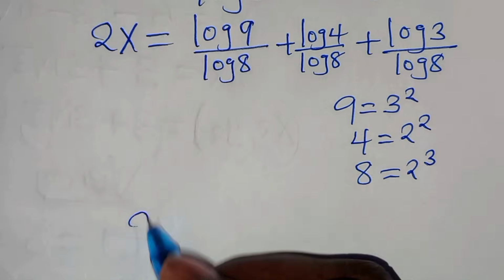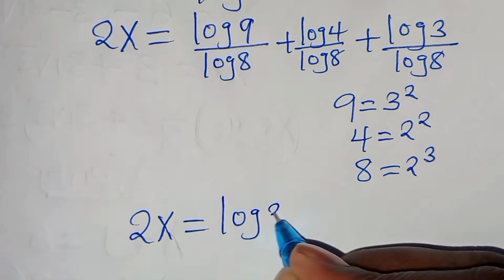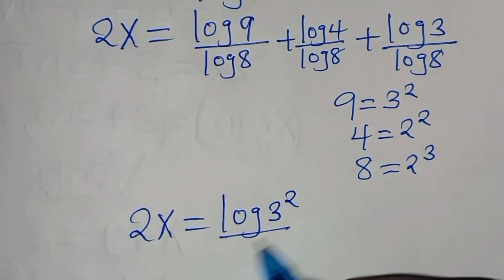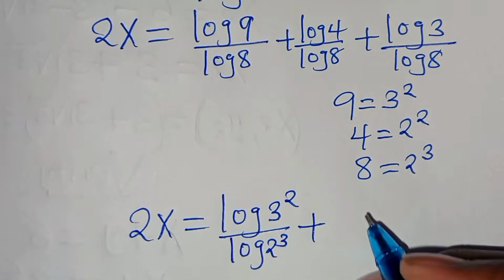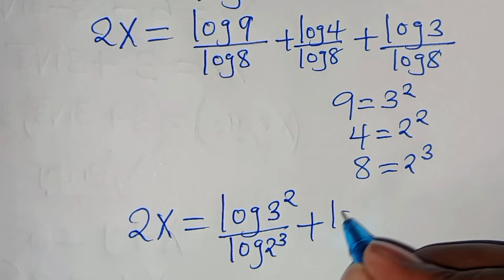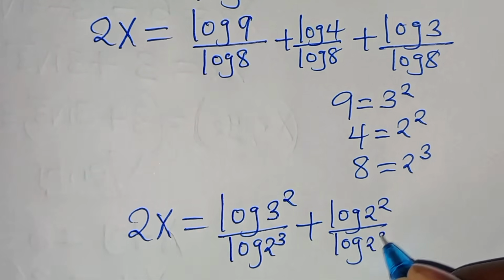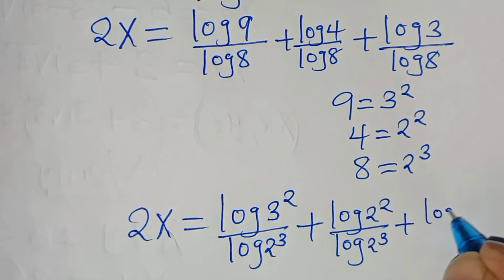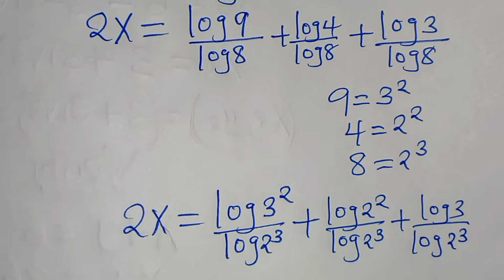So this implies that 2x is equal to log 3 to the power of 2 divided by log 2 to the power of 3, then plus log 2 to the power of 2 divided by log 2 to the power of 3, then plus log 3 divided by log 2 to the power of 3.